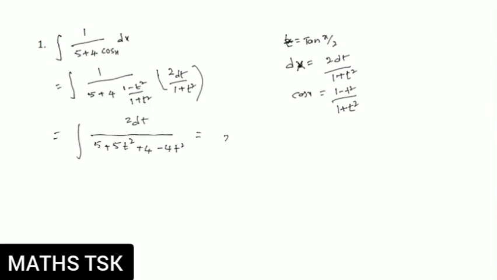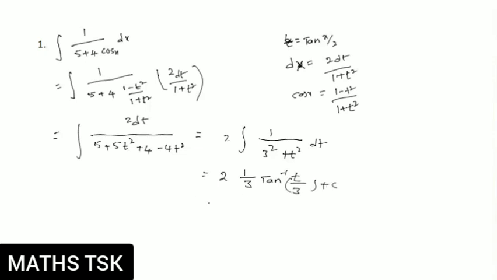So this can be written as 2 into integration of 1 by 5 plus 4 is 9, that is 3 square, and then 5t square minus 4t square is t square, dt. This is in the form of 1 by a square plus x square, that is 1 by a tan inverse of x by a.